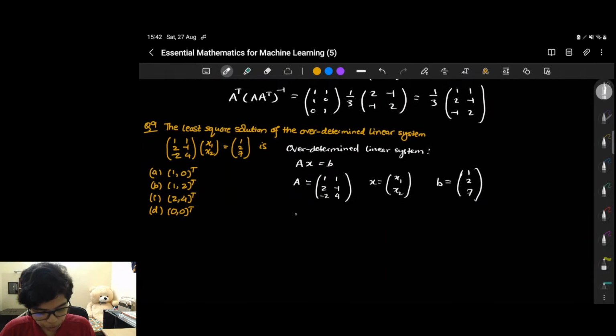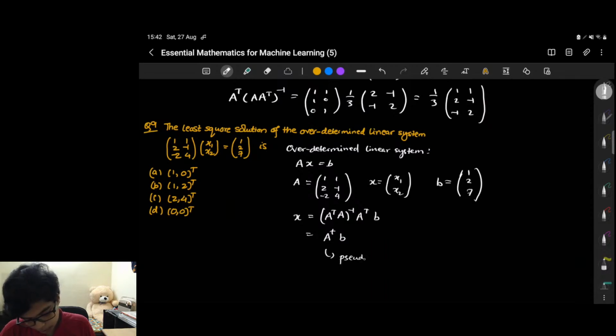Now the solution to this overdetermined linear system is given as follows. This term is the pseudo-inverse times b. So this A dagger that is written over here is the pseudo-inverse.